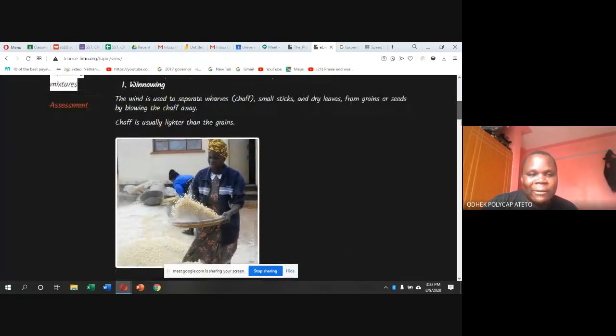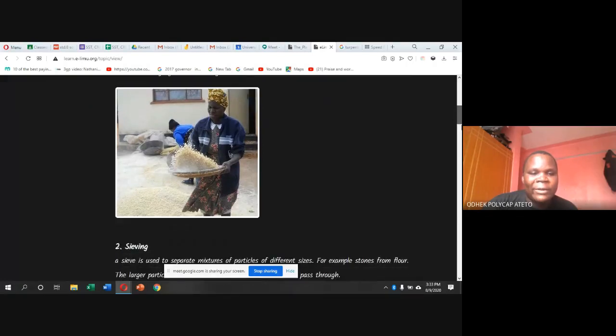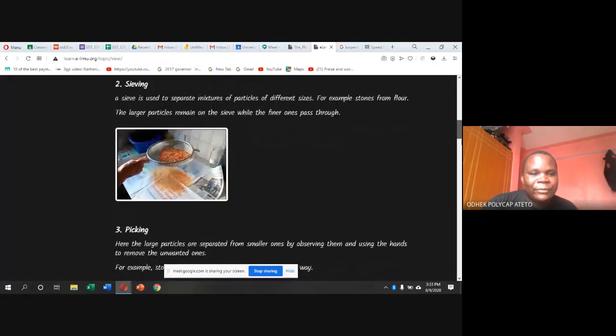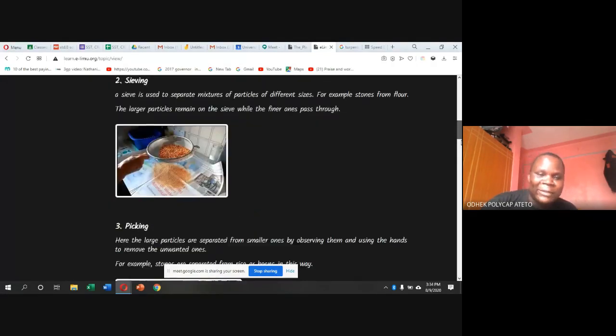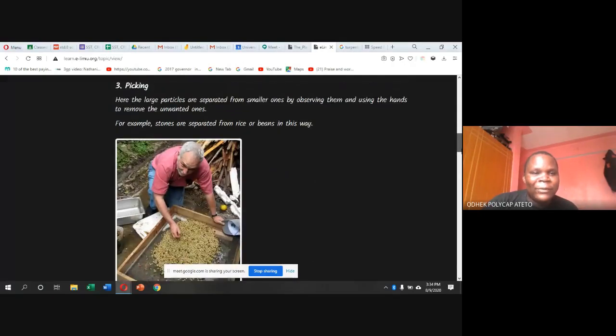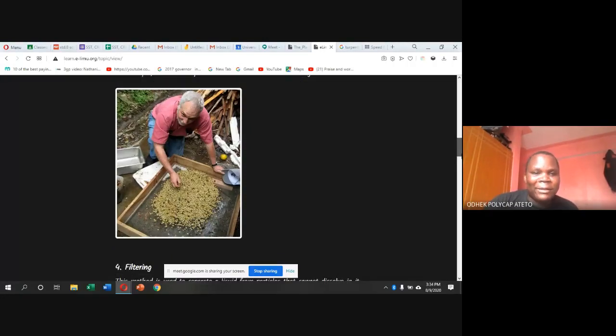So this is winnowing. This is how we are doing winnowing. You see now that mama is doing winnowing. This is sieving. So you see now the sieving, like the one for tea, in filtration. That's how we do sieving. And then this is picking. So now the old mama is picking.